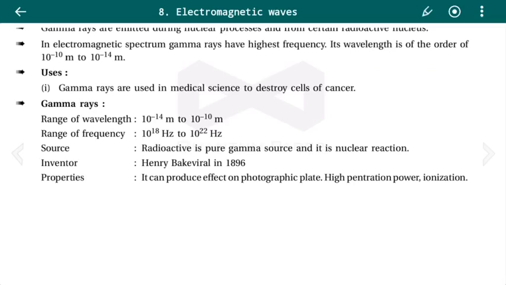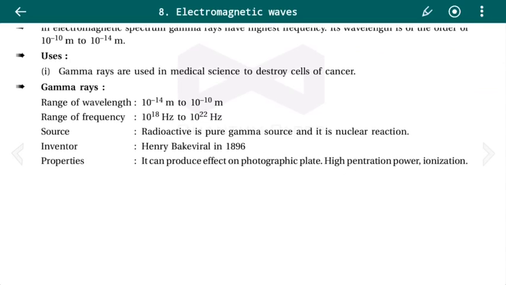Uses: gamma rays are used in medical science to destroy cells of cancer. Because they have the highest frequency, we can say these rays can destroy the cells of cancer. Now the range of the wavelength of these gamma rays is 10 to the minus 14 meter to 10 to the minus 10 meter.